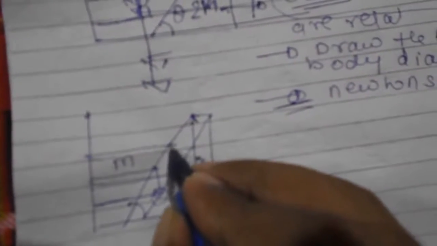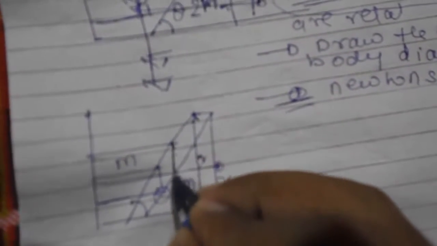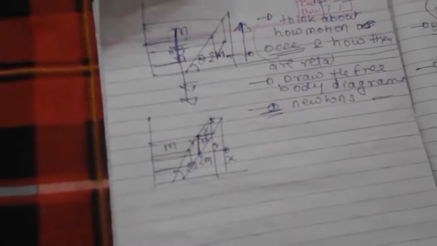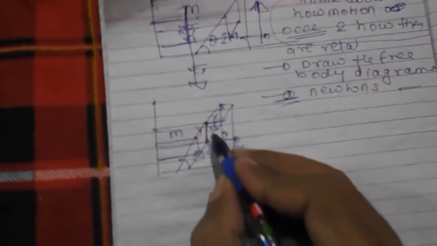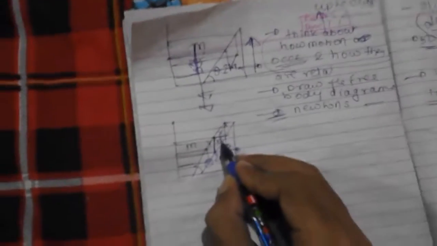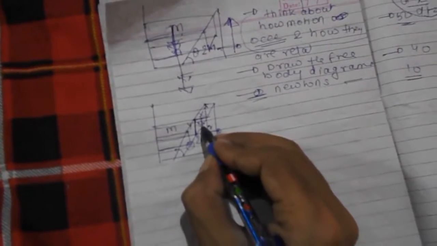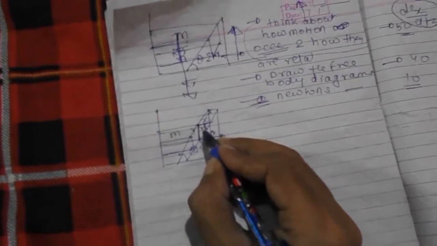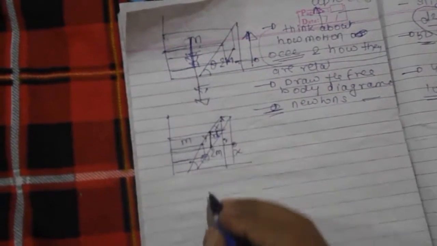So let's check. This is x, and this is y, and this is x. If you look at this carefully, this angle will be theta, this angle will be theta, and this angle will be theta. And this is y.